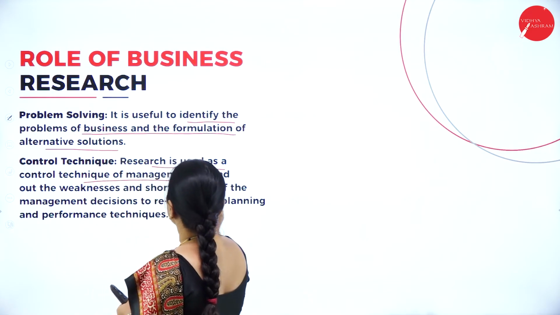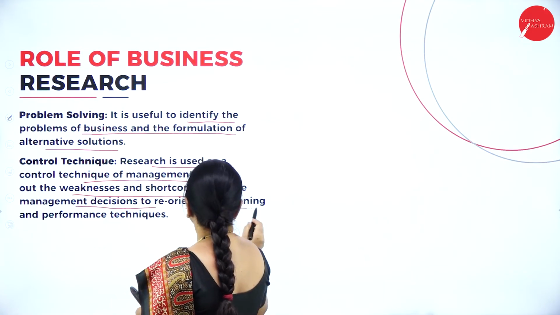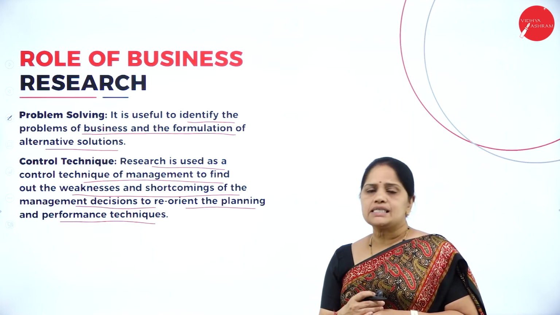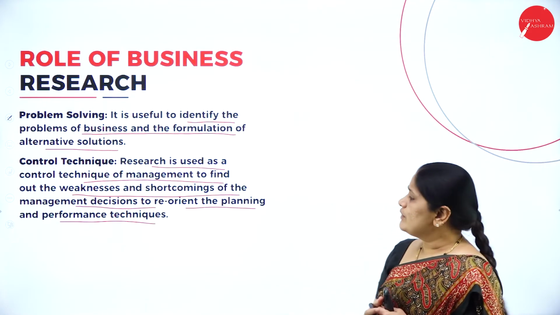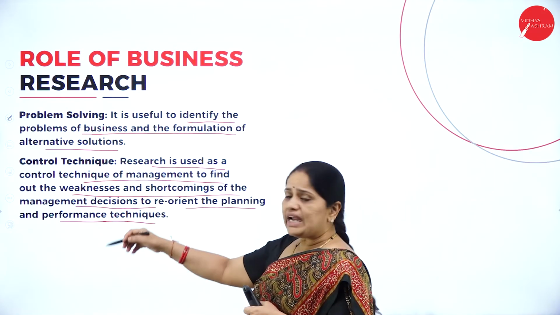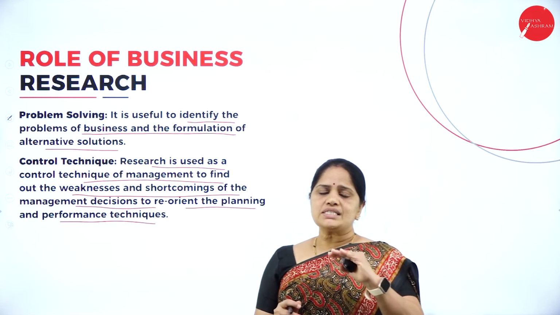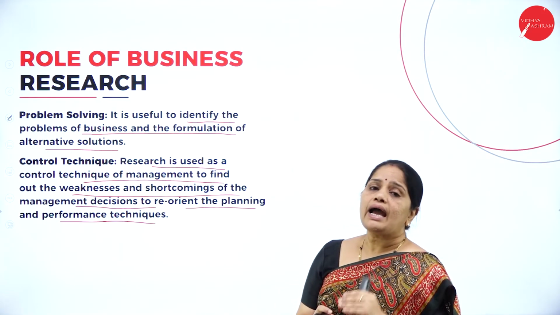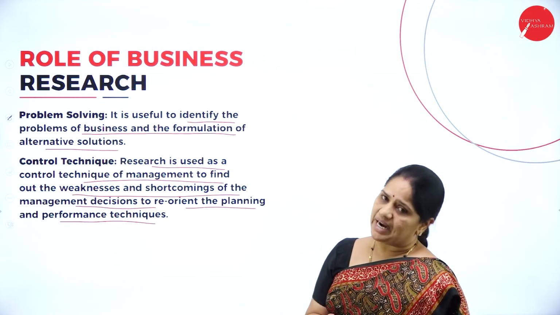It is used as a control technique of management to find out the weaknesses and shortcomings of the management decisions, to reorient the planning and performance techniques. So, this business research is also nowadays used by the management as a control technique. So, what kind of a control technique? It will make use of the research to find out the weaknesses and shortcomings of the management decision. Once the management has taken a decision, it will conduct research based on that decision, and then it will know whether that decision is good for the company or bad for the company.